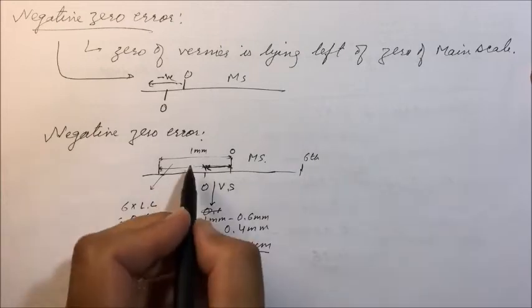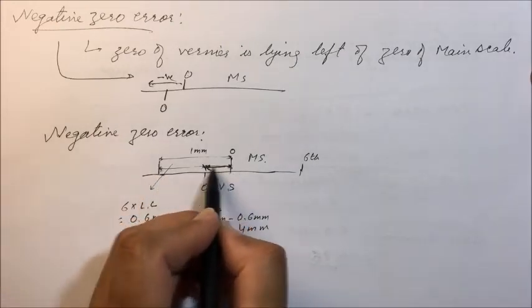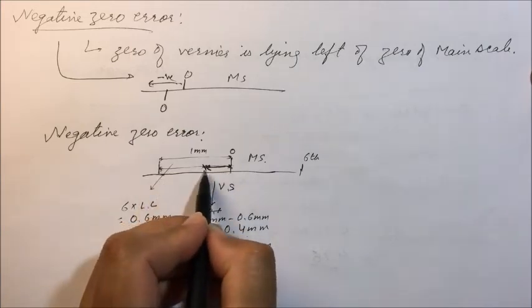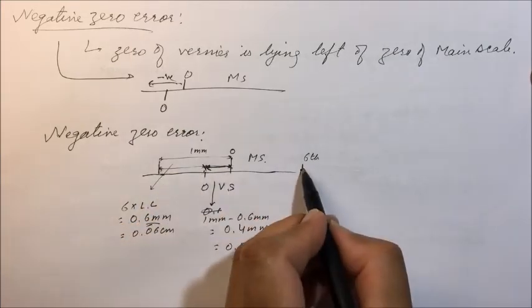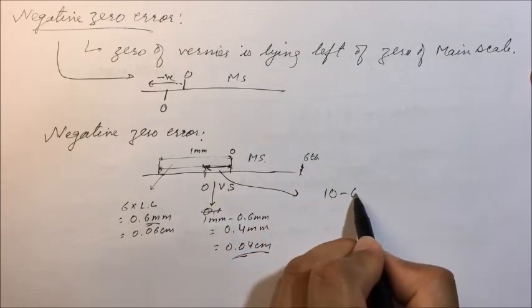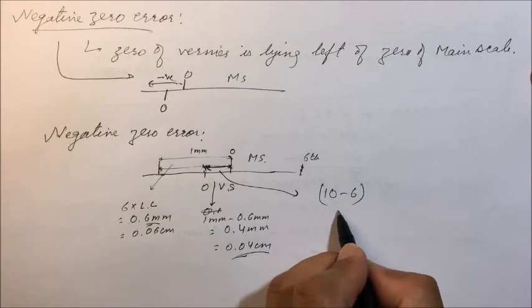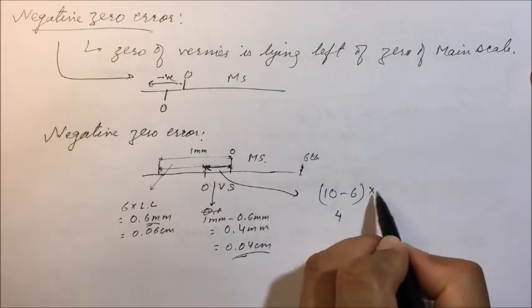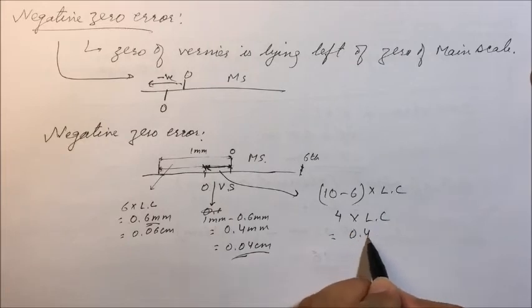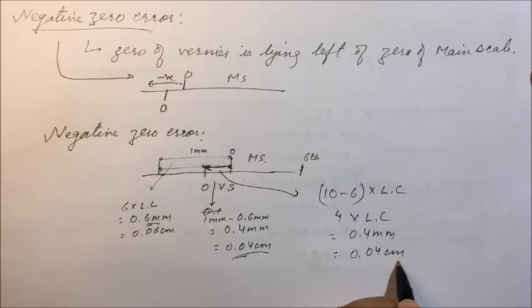The other way: since we have divided this length into 10 equal parts, this is 6 parts, so this will be 4 parts. The 6th part is coinciding, so this length will be 10 minus 6, that is 4 parts into least count. So it will be 0.4 mm or 0.04 centimeter.